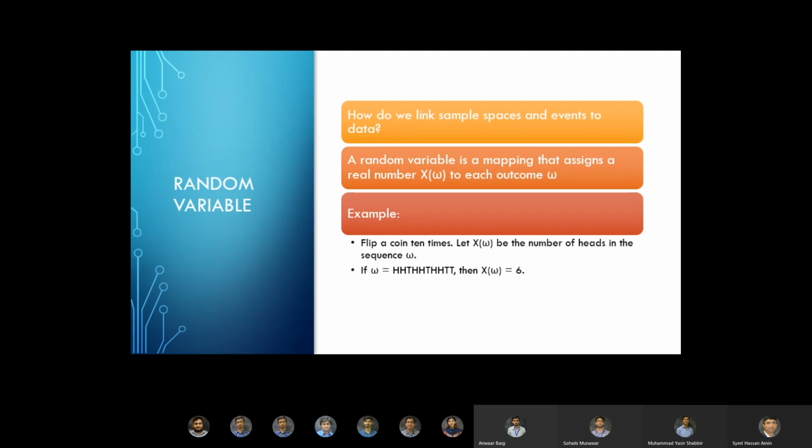So omega is in this sample space, H, TH, and so on. These are all the possible events that you have. Then X of omega, if omega represents the number of heads, is 6 out of all the 10 in our sample space that we have got.